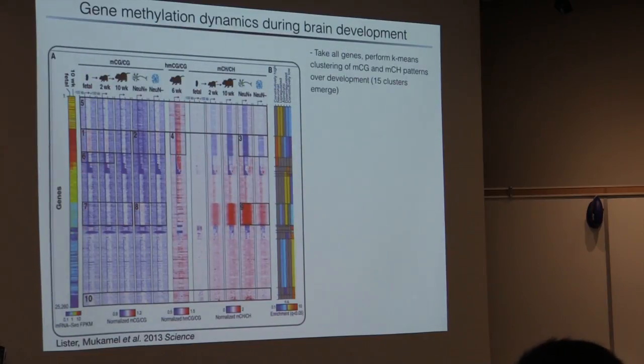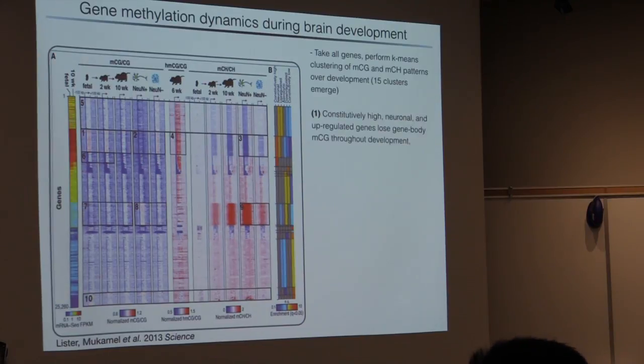And so you can then cluster both CG patterns and non-CG patterns and see very interesting features of certain kinds of genes. This just catalogs some of the information. So you have constitutively high neuronal genes that are upregulated during development, and they become more blue. They lose gene body methylation, and here's a purified neuron.